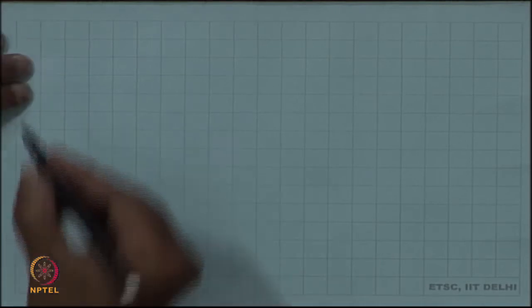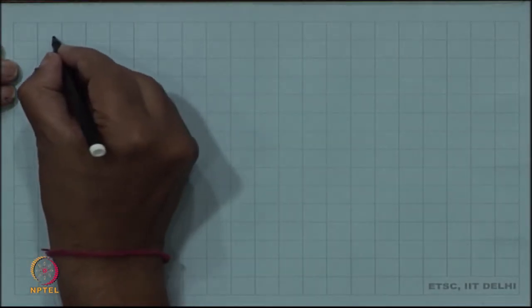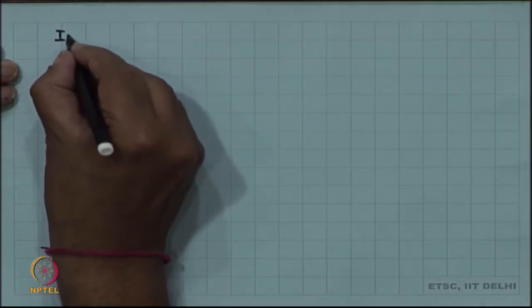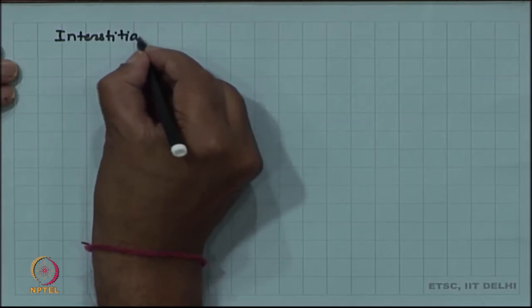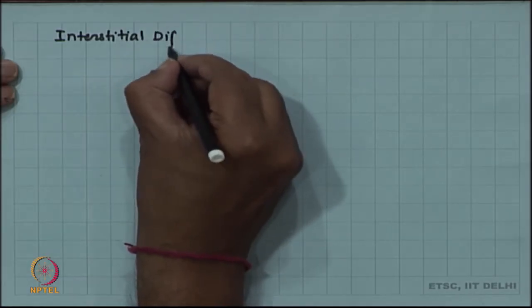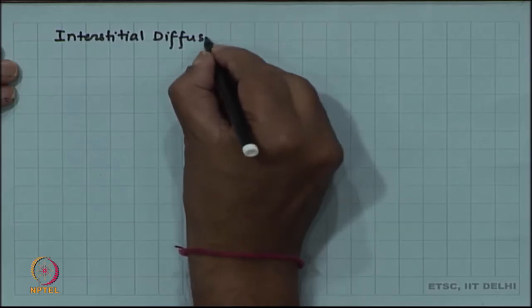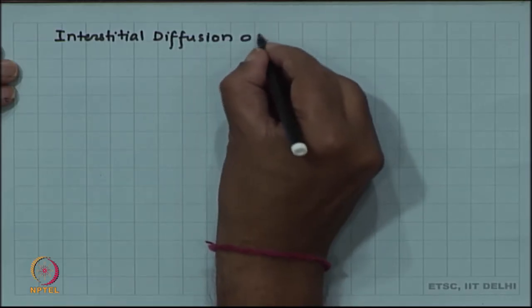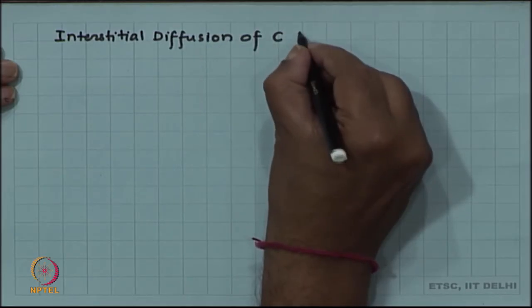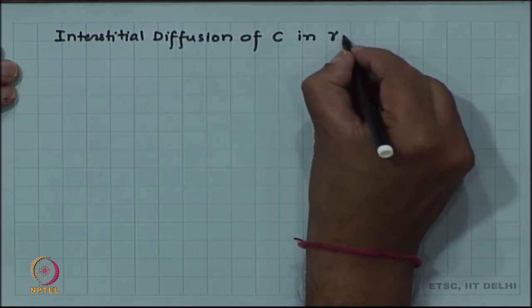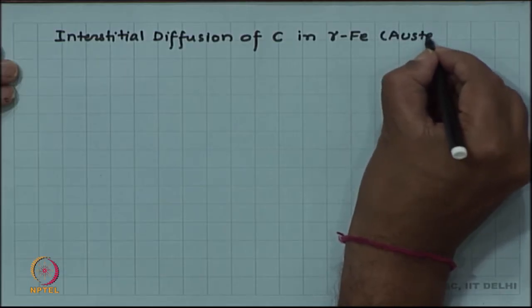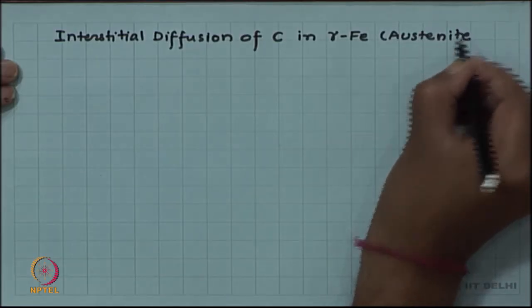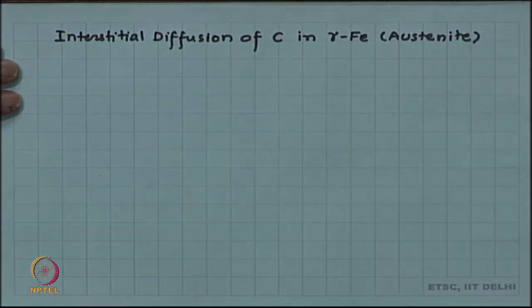Let us justify this for the case of carbon. So, let us say interstitial diffusion of carbon in gamma iron, austenite. We have discussed these phases when we were discussing the iron carbon phase diagram.